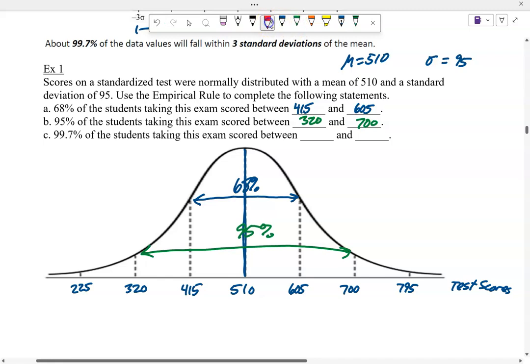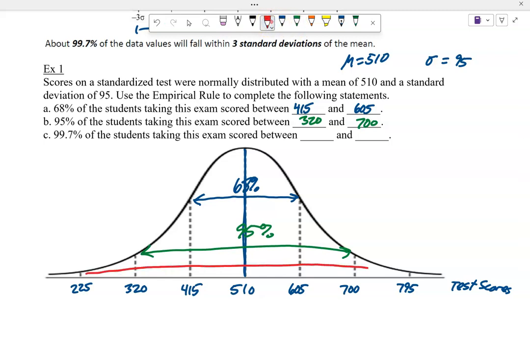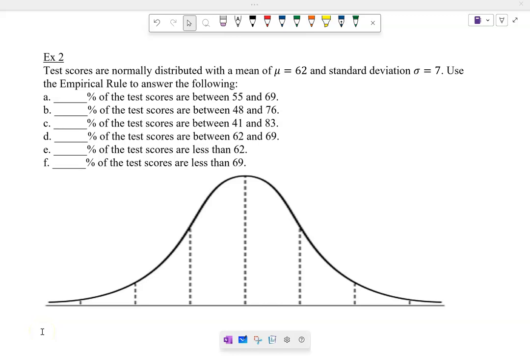And finally, 99.7% of the students score between 225 and 795. You guys, this is a great time if you want to pause the video. I would go ahead and pause the video and make this a U-try problem.